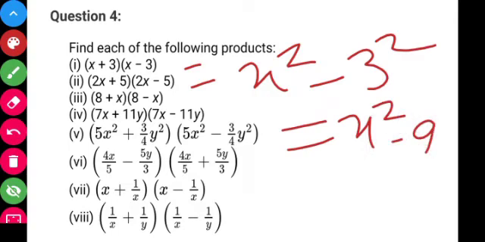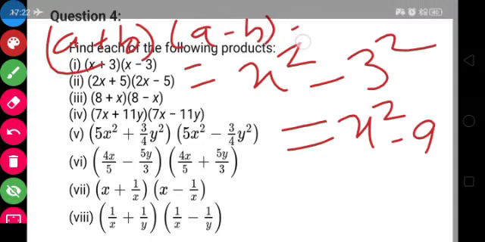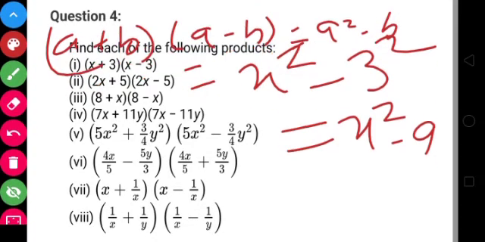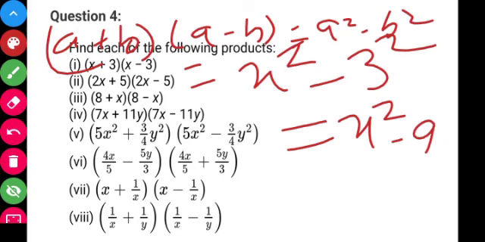Understand how? Because a plus b into a minus b is equal to a square minus b square. So a square, that means x square, minus b square, that means 3 square.